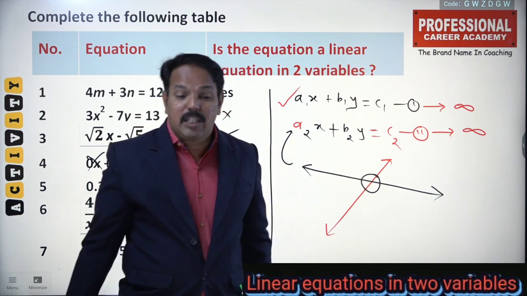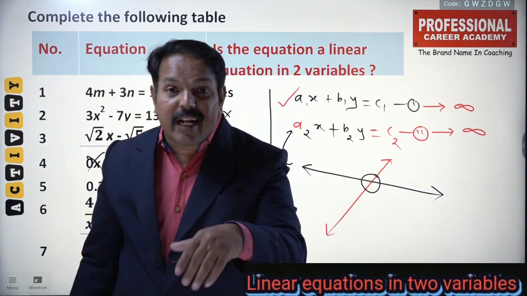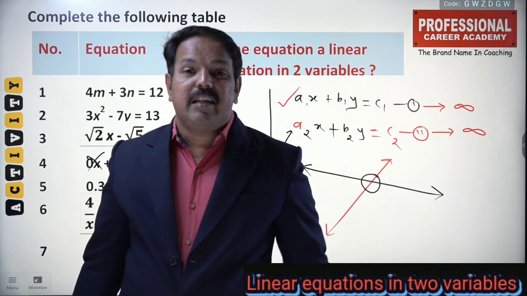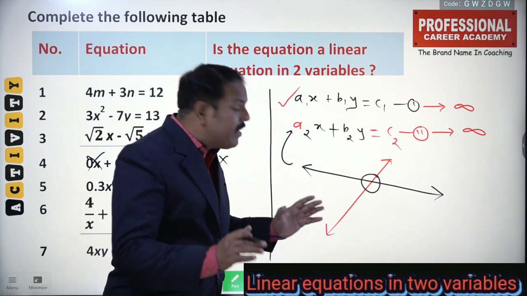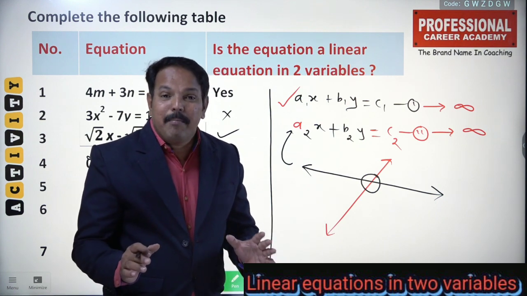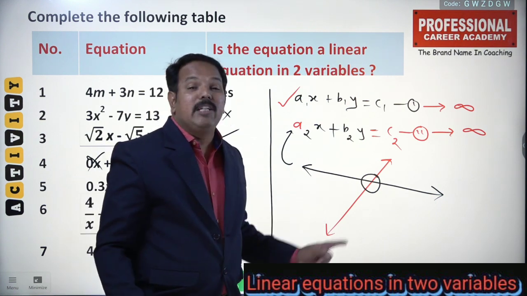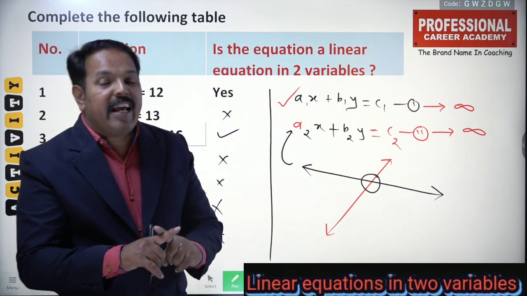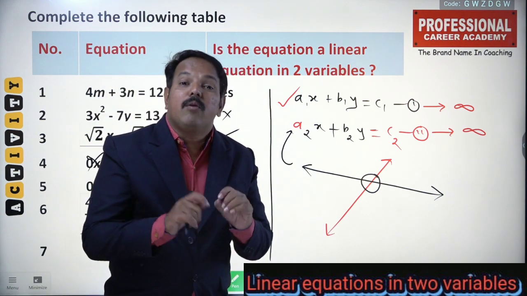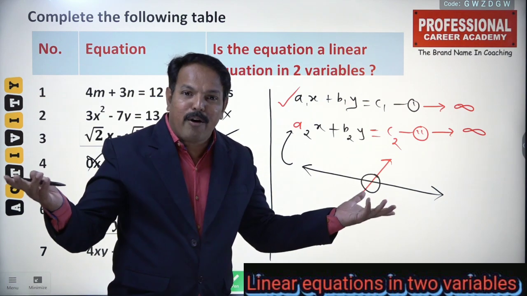Got it? What is the condition for two equations to be simultaneous? The condition is that there should be at least one common solution, or in geometrical words, the two lines should intersect each other. Lines can intersect either at one point or at infinitely many points.